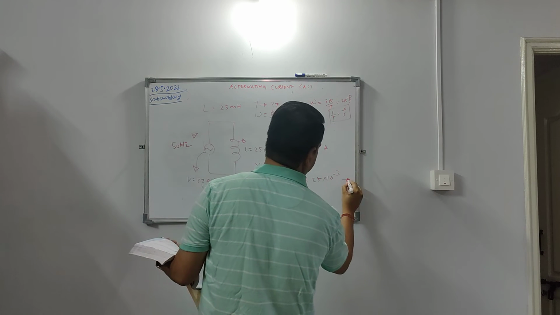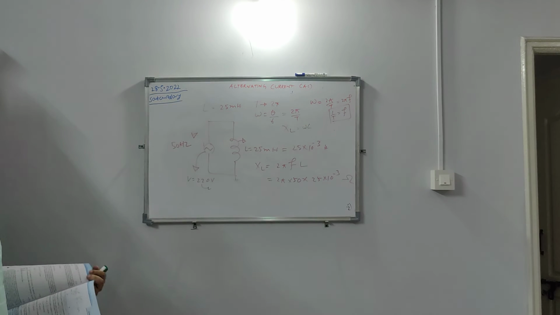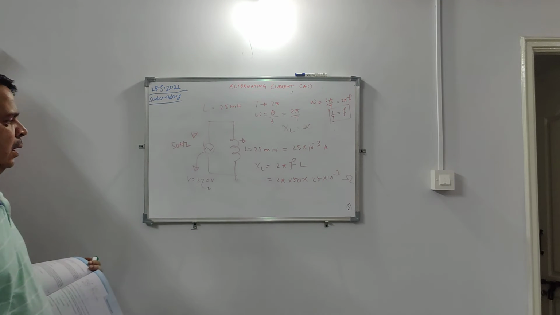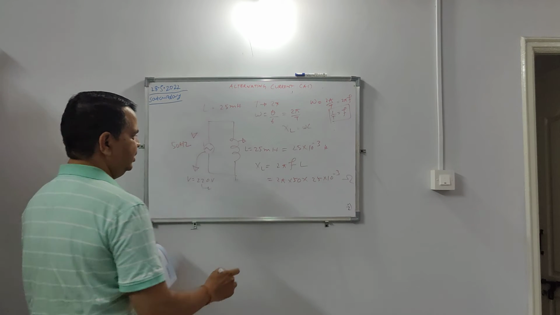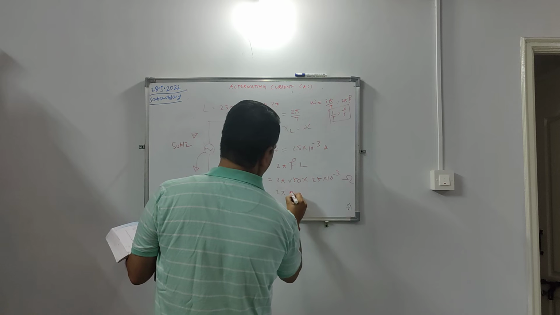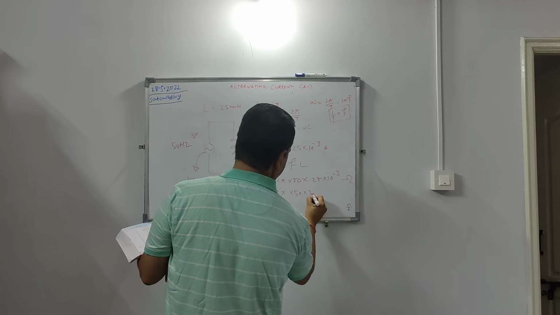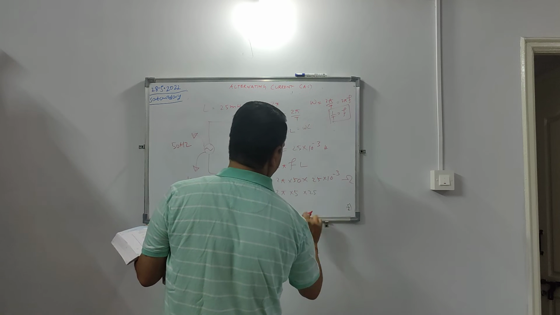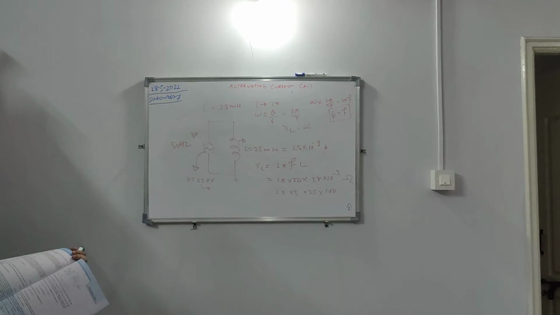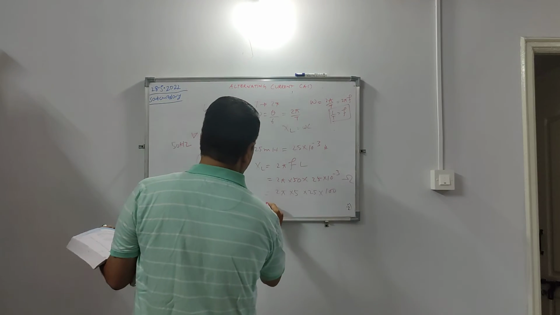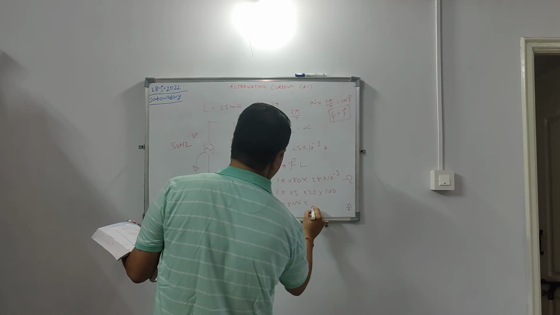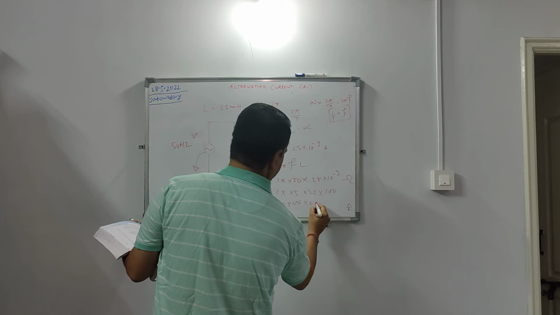The unit is ohm, the inductive reactance unit is also ohm. This becomes 2 pi into 50 into 25. If you cancel, it becomes 100, so it will become 12500 into 2 pi.